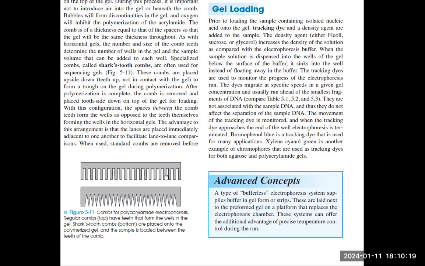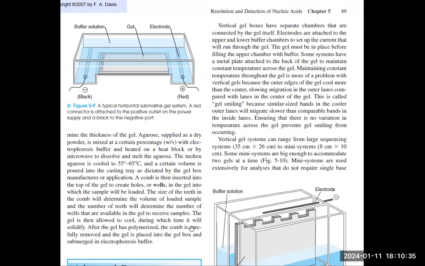The shark's tooth comb is this one, somewhat different, but the most commonly utilized comb is the upper one. So we pour it into a mold, and then we place the comb so that we can create holes, and in those holes we can load our samples to the gels.